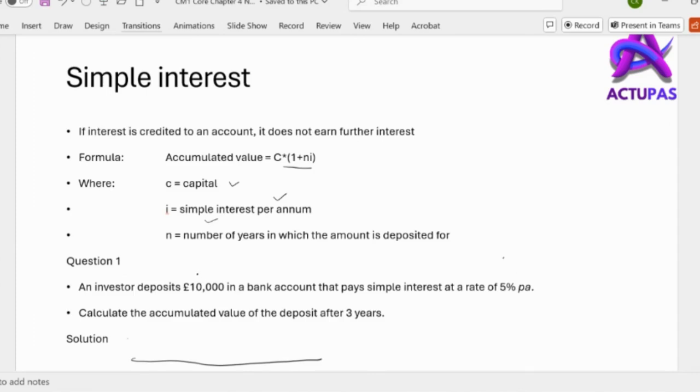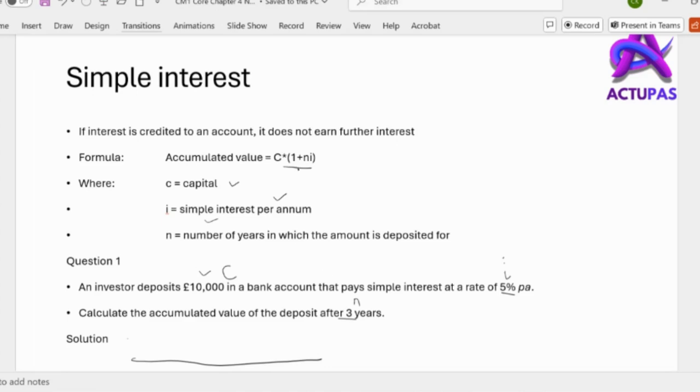An investor deposits 10,000 in a bank account that pays simple interest at a rate of 5% per annum. Calculate the accumulated value of the deposit after 3 years. So in this case, 10,000 is the C capital, 5% is the i, and n is 3 years.